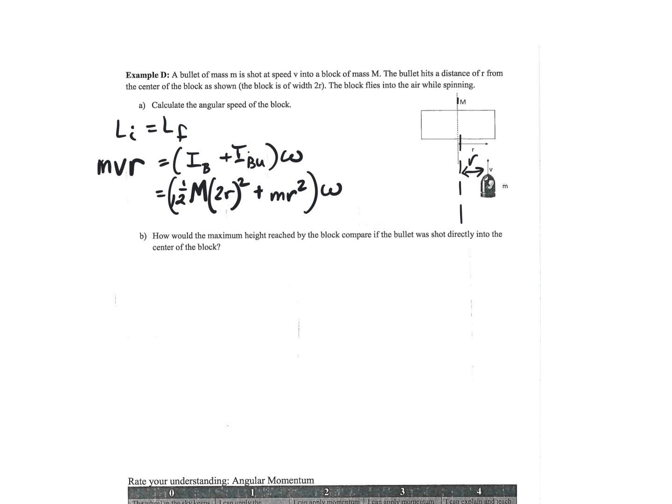We've got not enough room to work, but I'll come up here. MVR, that's little m by the way. 2r squared would be 4r squared over 12, so this would be big M r squared over 3 plus little m r squared, and this is all times omega.